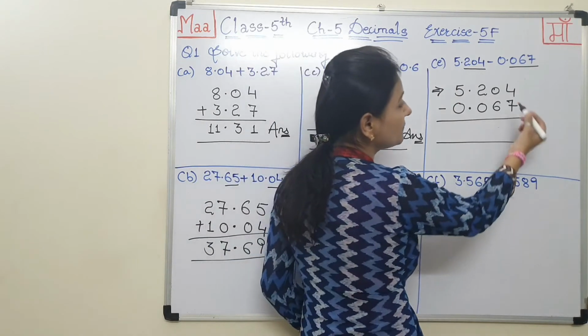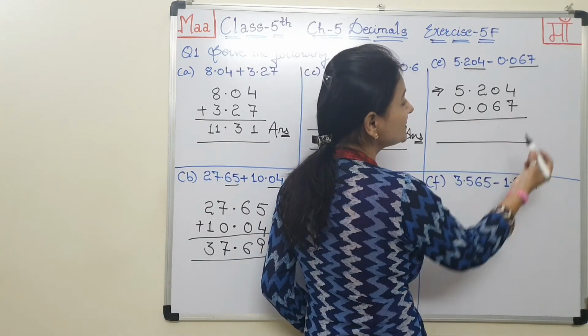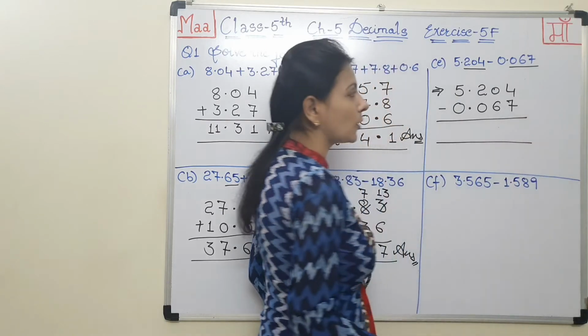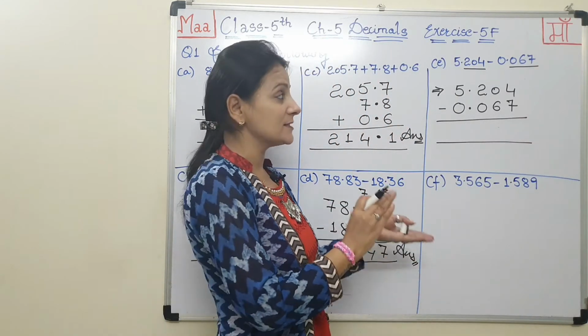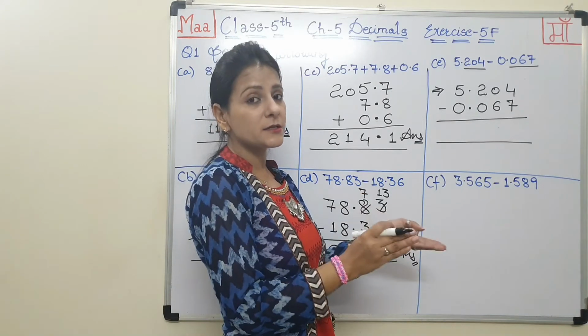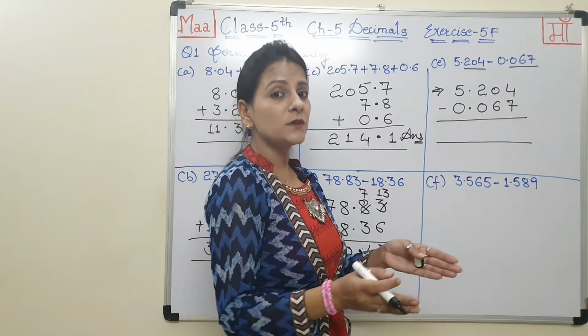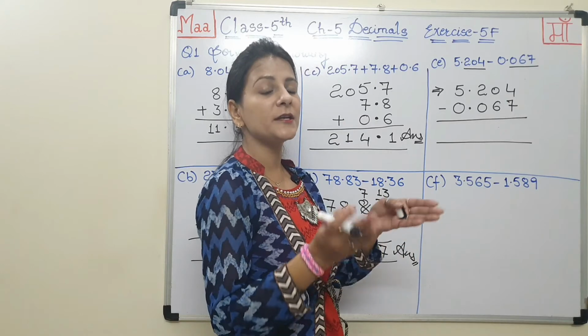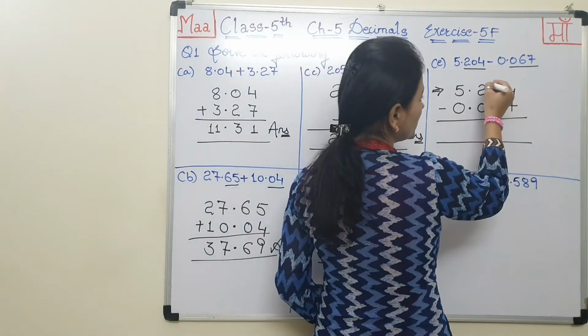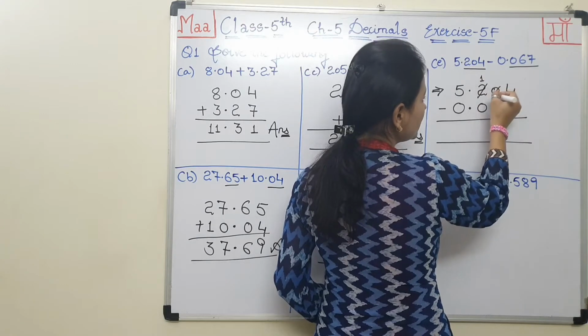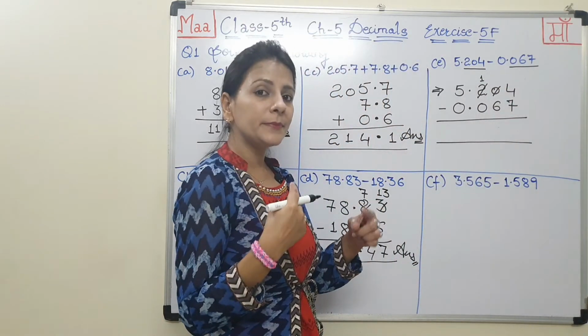How to subtract? See, we will start from the 1000th place and 4 minus 7 is not possible. So 4 will take a borrow from the 100th place. But on the 100th place it is already 0. So this 0 of the 100th place will take the borrow from the 10th place, which is 2. So this 2 will become 1 and this 0 will become 10.